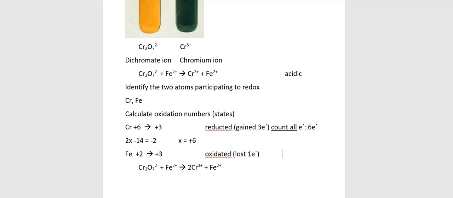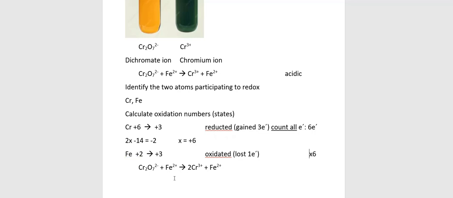So if 6 electrons are gained by the chromium and the iron only loses 1, it takes 6 iron atoms to satisfy the chromium.